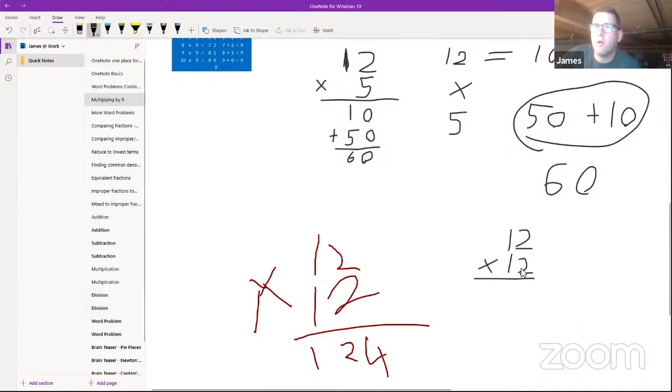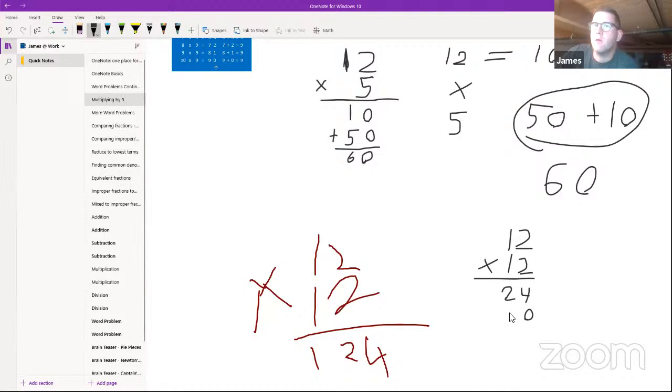So 12 times 12, we start here, do the 1s times the 1, which is 2 times 2, and that's 4. And then we do 2 times 1, and that's 2. So we have 24. But now we're jumping over to the 10's place, the 1 that's in the 10's place. So when we go to the left, we have to add a 0 here and write the next answer here.